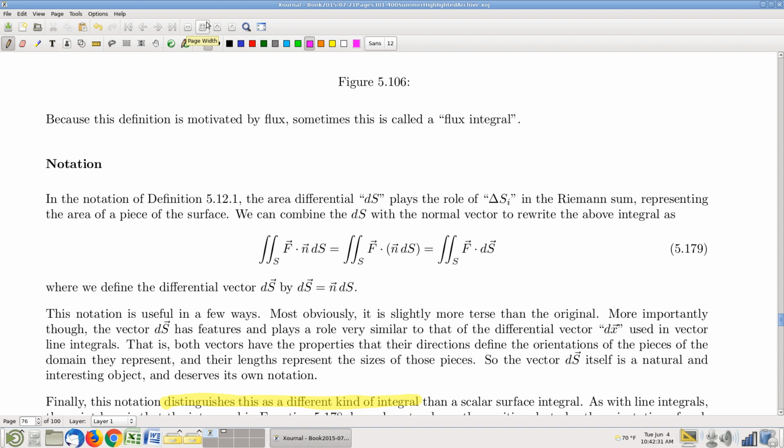Okay. Also, another thing, and this is just cosmetic. You could argue aesthetic, but there is again something awkward about this notation over here. This makes it look like we're talking about a scalar surface integral. What cosmetically appears to be the differential is a scalar, as was the differential for our actual scalar surface integrals. Now that's a little misleading.